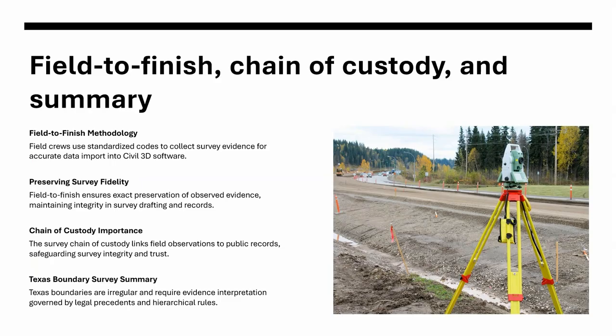We also tied this back to field to finish, especially in the TxDOT survey manual. Crews in the field collect evidence with standardized codes. IRF for iron rods found, IRS for iron rods set, PK for nails, MON_TR for tree monuments, FNC for fences, EP for edge of pavement.